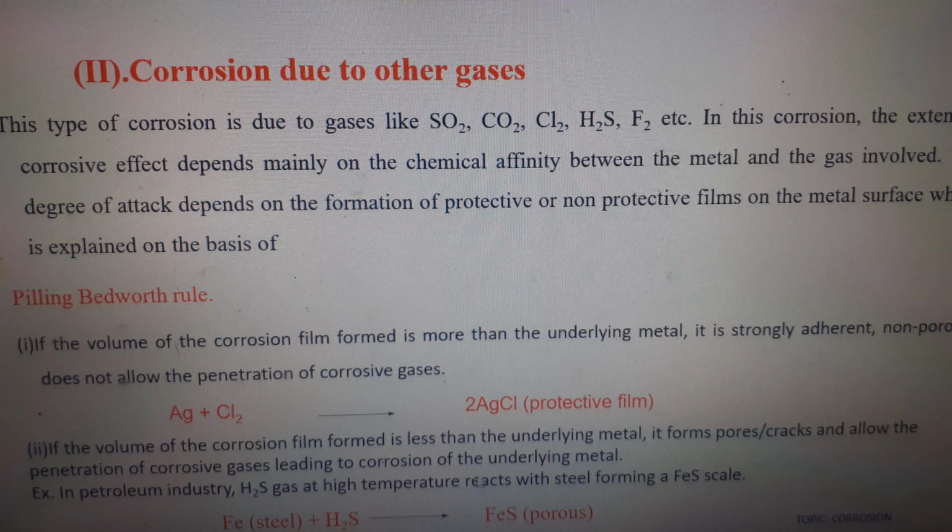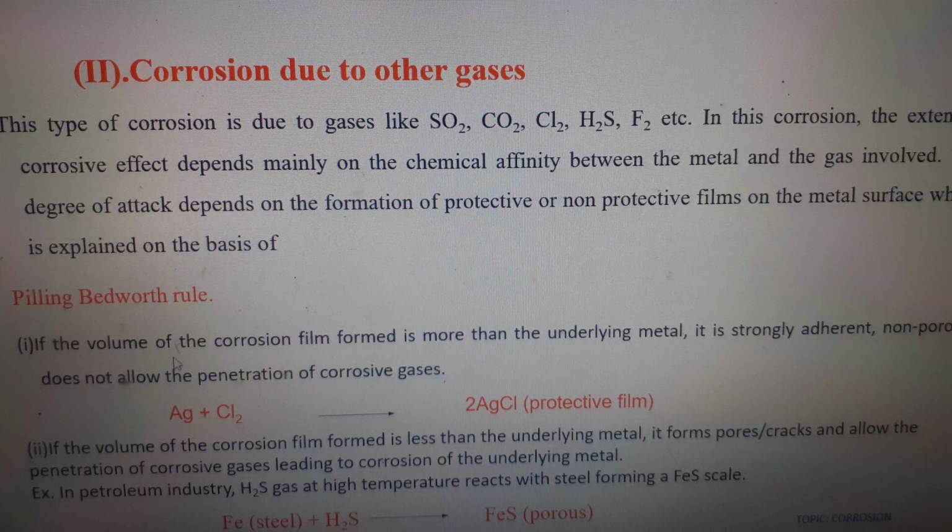But if the volume of the corrosion product which is formed is less, then further corrosion will take place in the underlying metal. Like your simple example, steel. If it comes into contact with H2S gas, then it forms ferrous sulfide and it is porous. That means the underlying metal will again be attacked by this H2S gas until the whole Fe or steel gets corroded.